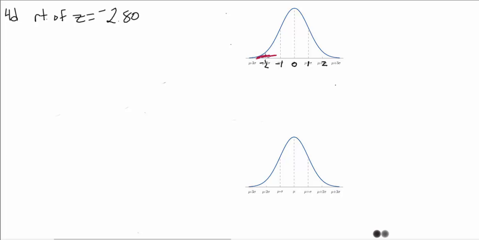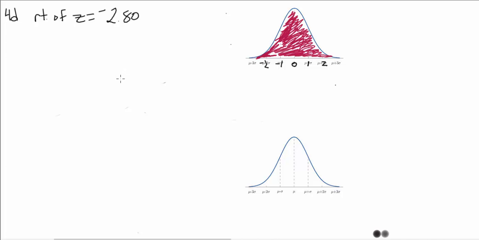That's pretty far over. So to the right of z equals negative 2.8, we're looking for the majority of this, so it's going to be a pretty big percentage. It's going to be very close to 100%. It's almost the entirety of our graph.